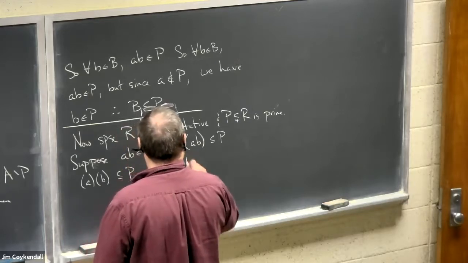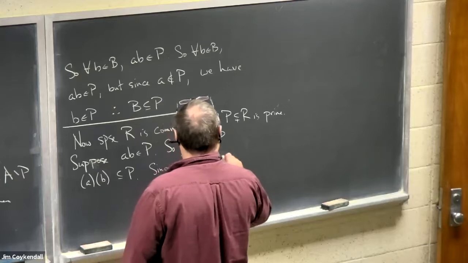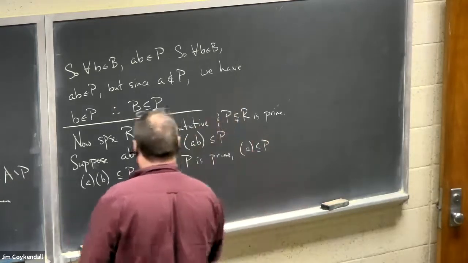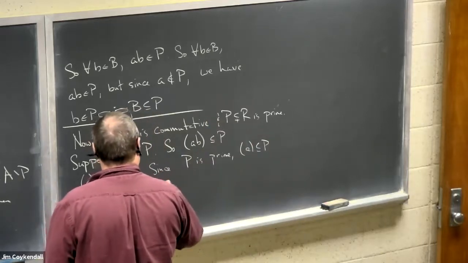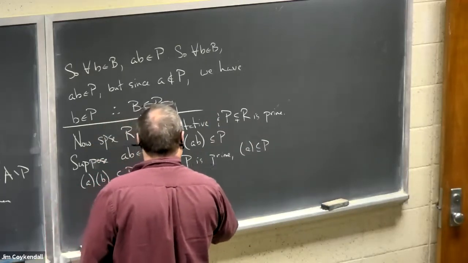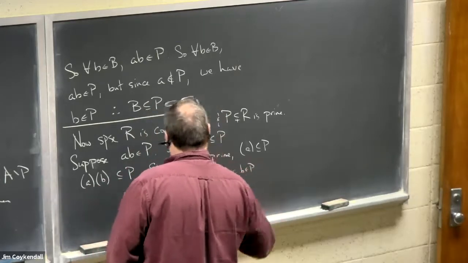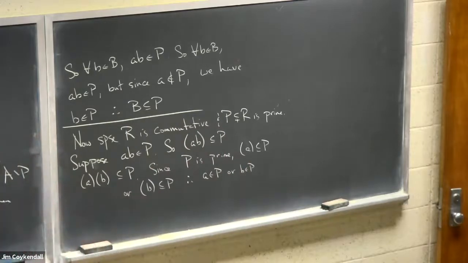Since P is prime, the ideal generated by a is contained in P, or the ideal generated by b is contained in P. Therefore, a is in P or b is in P. So look through that and see where we use commutativity.